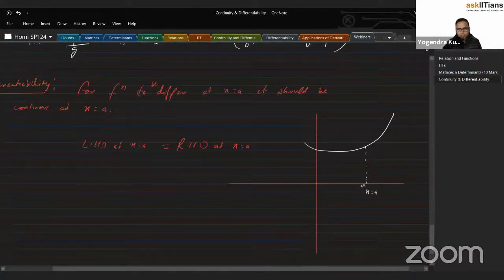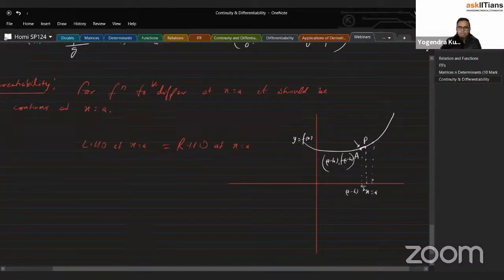We go h units just before and try to find the slope here, so it becomes a minus h. This point is P, and its coordinates are a minus h, comma, f of a minus h, because I'm taking the function f of x.